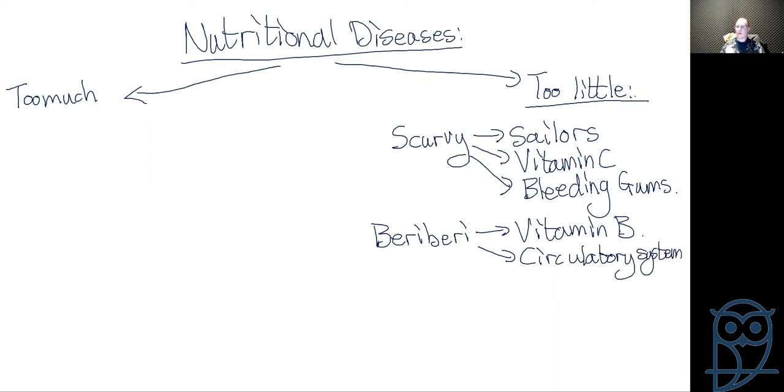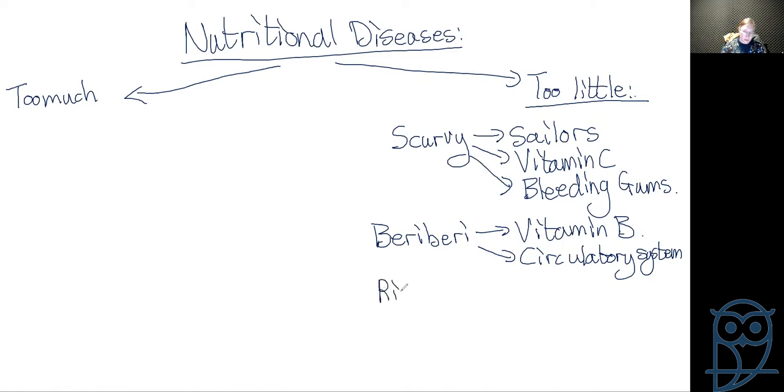So your lungs, your heart, your blood, your arteries, all of those things start somehow malfunctioning. The symptoms vary, but it's literally very little vitamin B that you're getting in. So that's what beriberi is.